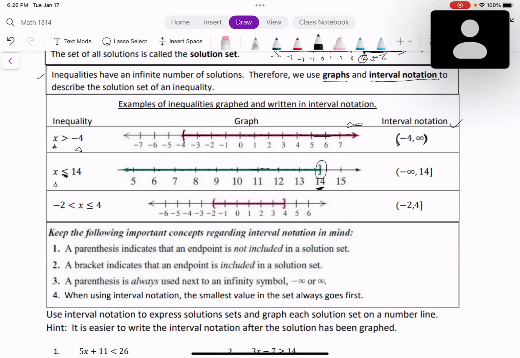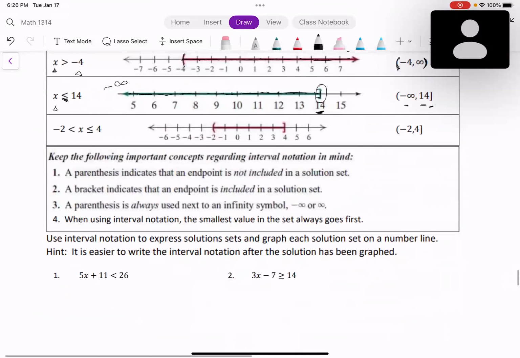These are the solution for us. So we highlight the part on the left-hand side of 14, and at the 14 we use a bracket. The interval notation is from negative infinity to positive 14, and positive 14 is included in the solution, so we use the brackets.